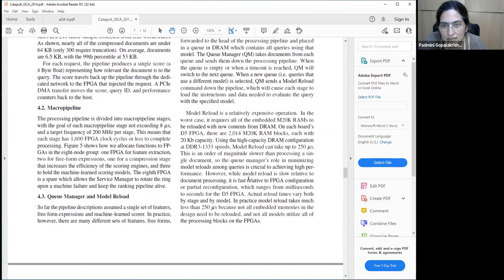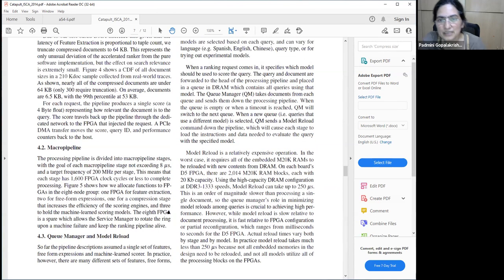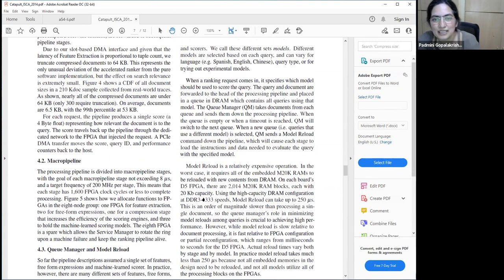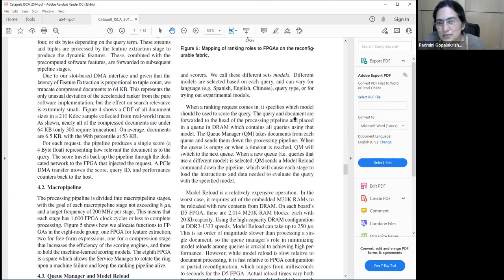So this queue manager basically tells you what model has to be used. It depends on the language of the query and so on. What this queue manager does is there is a queue from the memory which has all the queries.